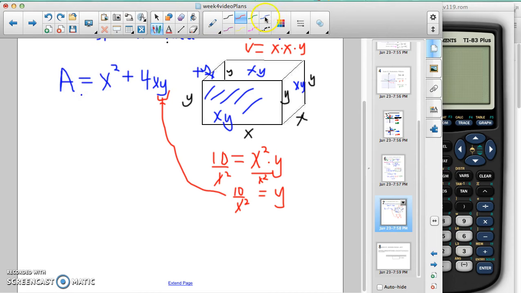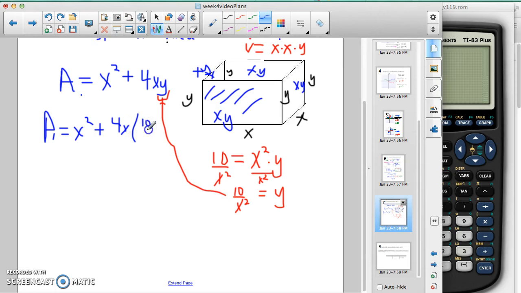So in doing so, I'm going to rewrite this area formula as x squared plus 4x times 10 over x squared.